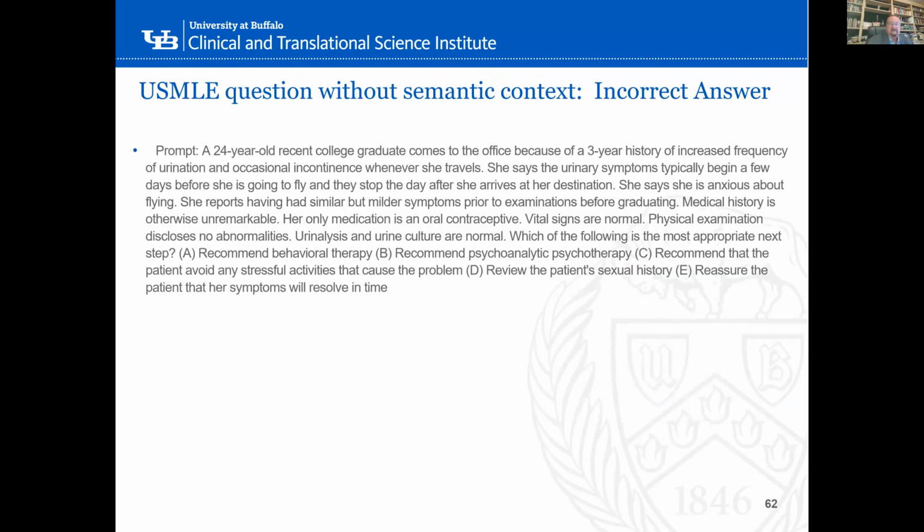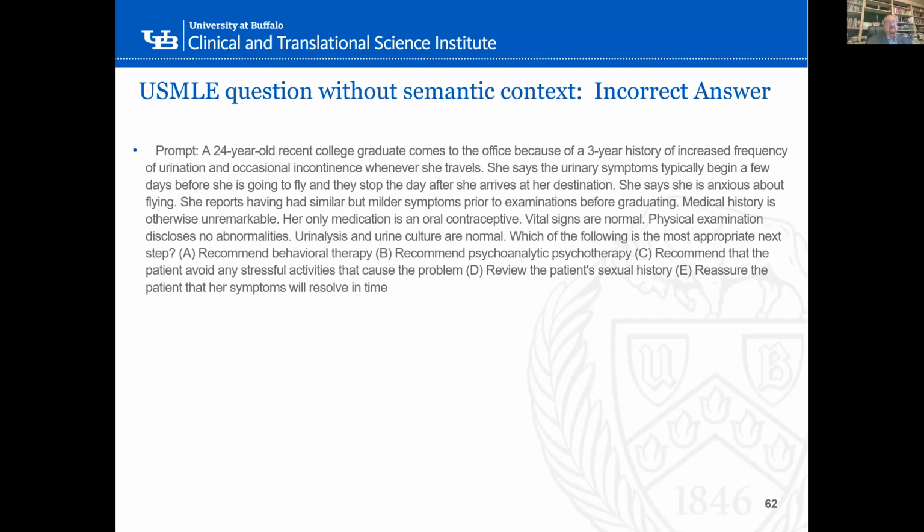And here's an example of a case where the baseline model got the wrong answer. It's a 24-year-old recent college graduate who comes to the office because of a 3-year history of increased frequency of urination and occasional incontinence whenever she travels. She says she has urinary symptoms that begin typically a few days before she's going to fly. They stop after she arrives at her destination.